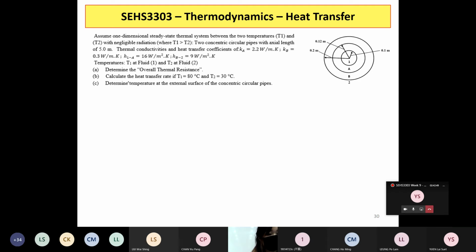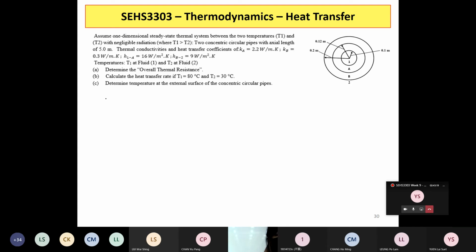So, we'd like to determine the overall thermal resistance, and calculate the heat transfer rate if we know the temperatures of the two fluids, fluid 1 and fluid 2. Then we'd like to determine the temperature at the external surface of the circular pipe, the outer surface. So first, sketch out the heat transfer circuit to help us.